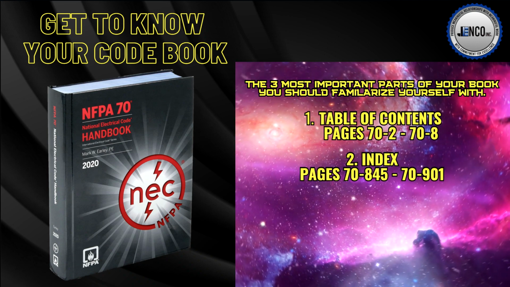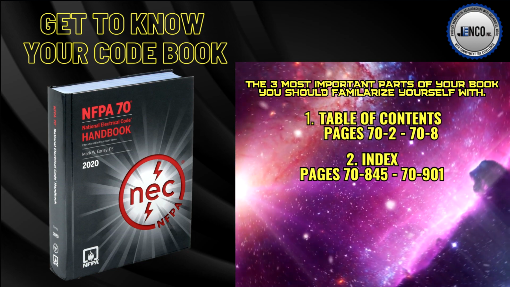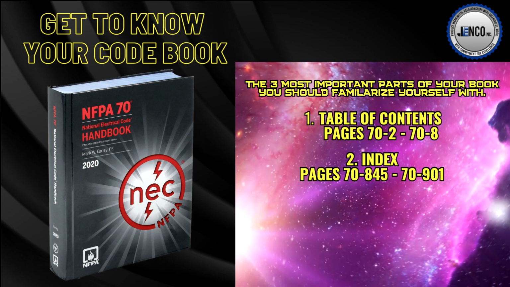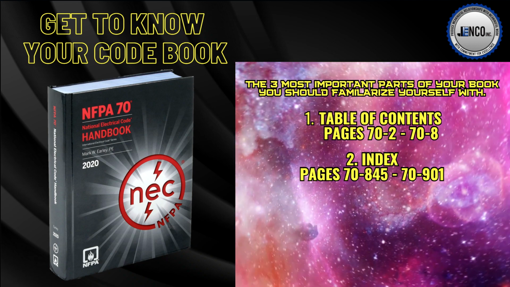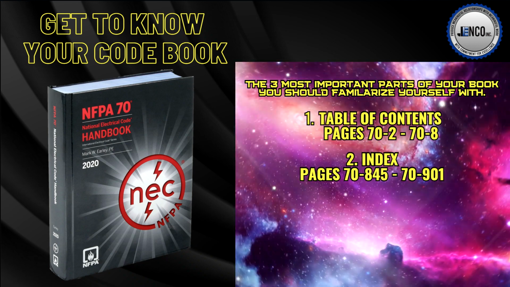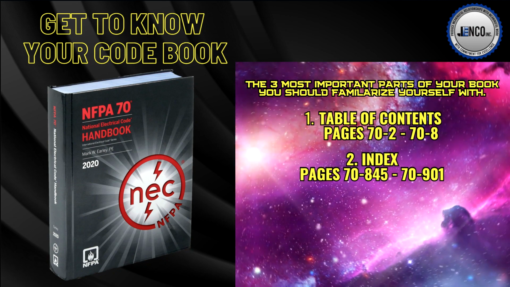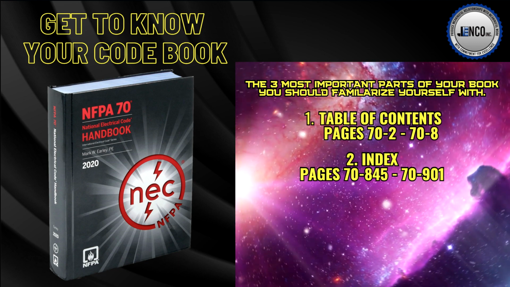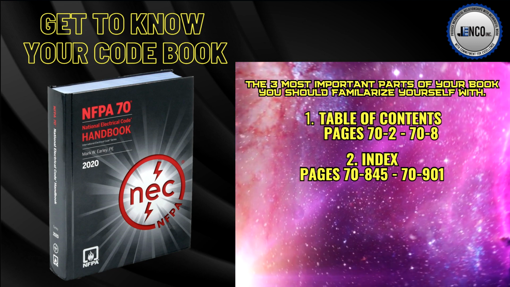Second is the index. The index, I feel, is the most important part of the book for you to understand how to find your answers quickly. You're going to use the index for answering 80% of the questions, if not more, on these exams. You're going to find those on 70-845 through 70-901.